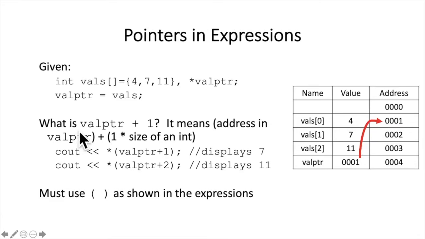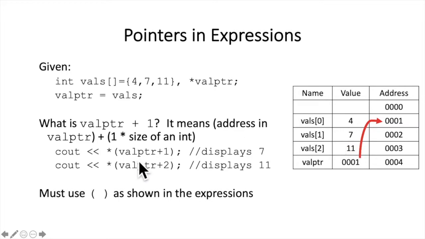And then what is actually vals ptr plus 1? It means the address in vals ptr plus 1 times the size of an integer. So it goes to the next address. If the initial address is 0001, it will go to the next address, 0002.